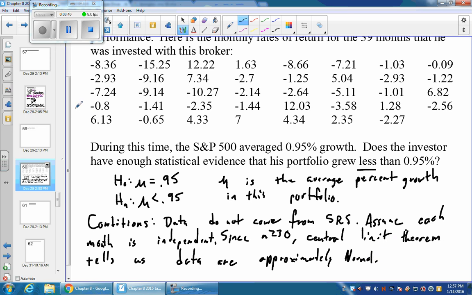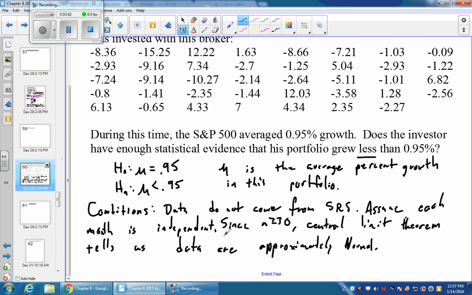All right, so we got that out of the way, and now we just have to do the significance test, or the calculations.